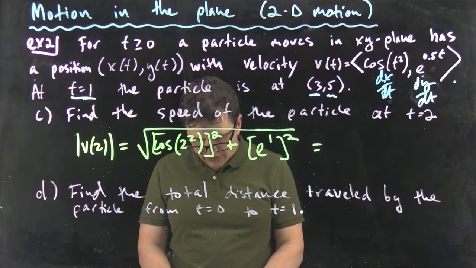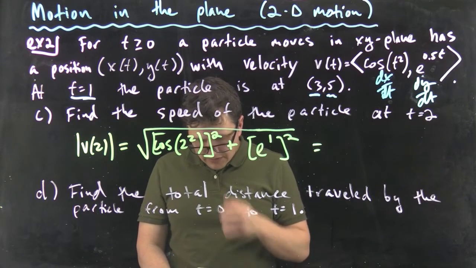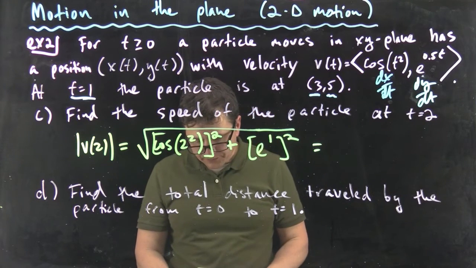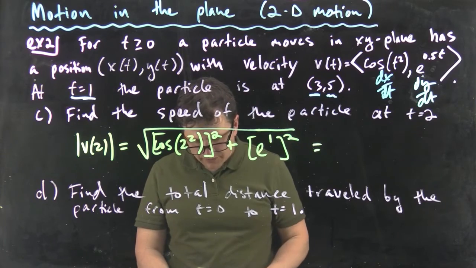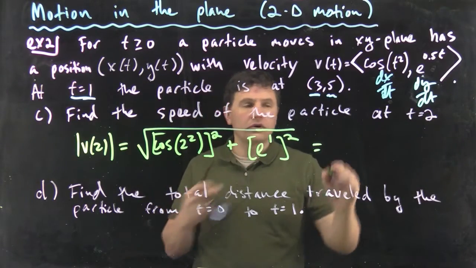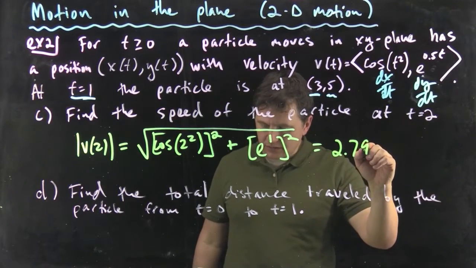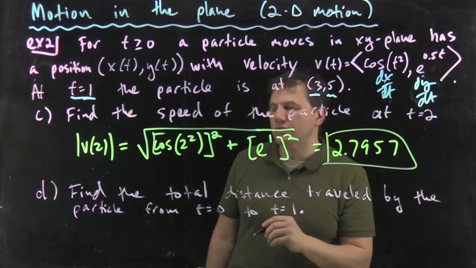Let's put parentheses in there just in case. Okay, plus vars, y bars, function y2, plug 2 into there, squared, and there we go, 2.7957. That is the speed of our particle at t equals 2.